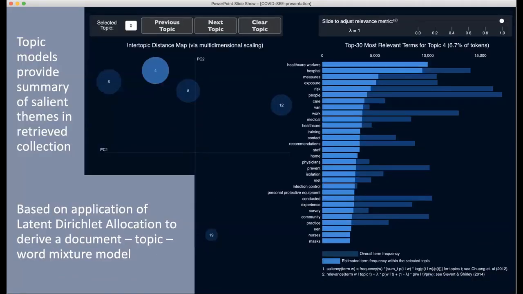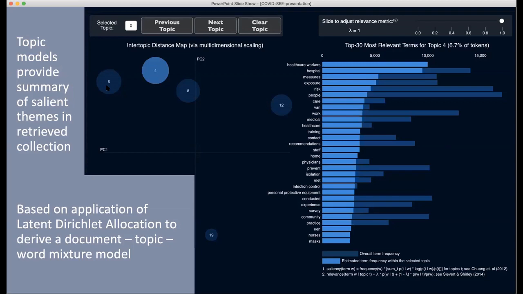Similarly, we applied topic modeling, which is mathematically a model called latent Dirichlet allocation, which derives a mixture model between documents, topics, and words. And the topic models effectively provide a summary of salient themes that are in the retrieved collection.